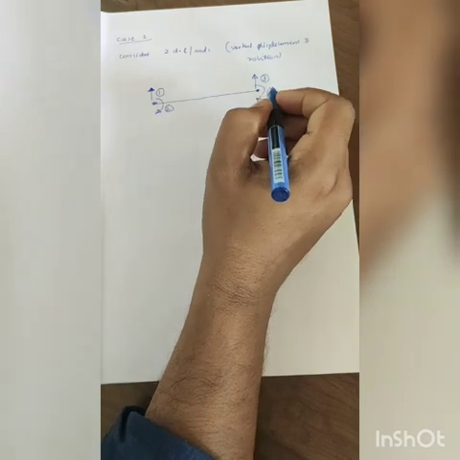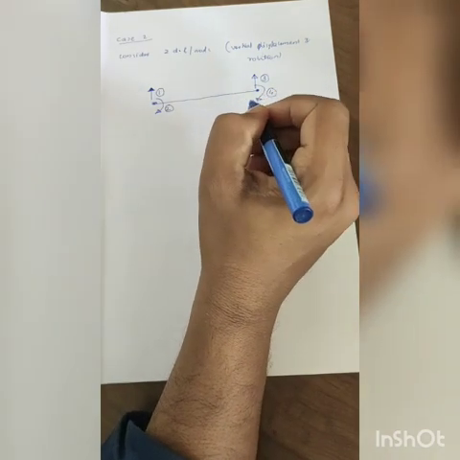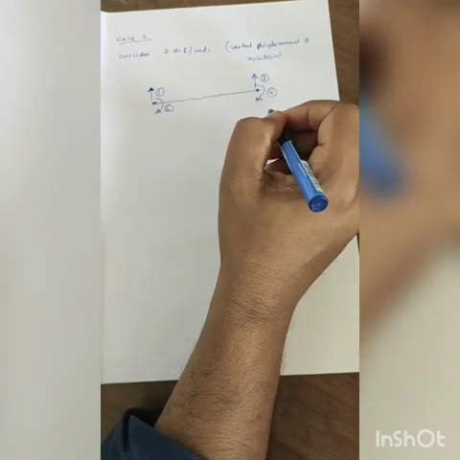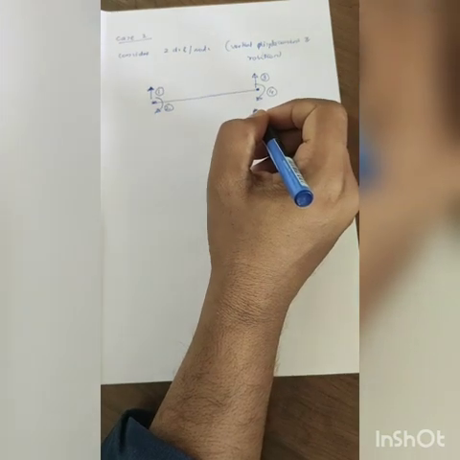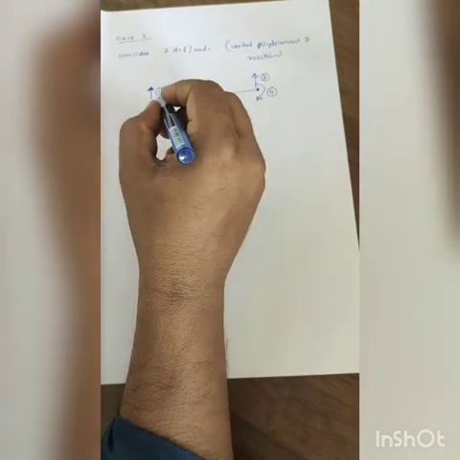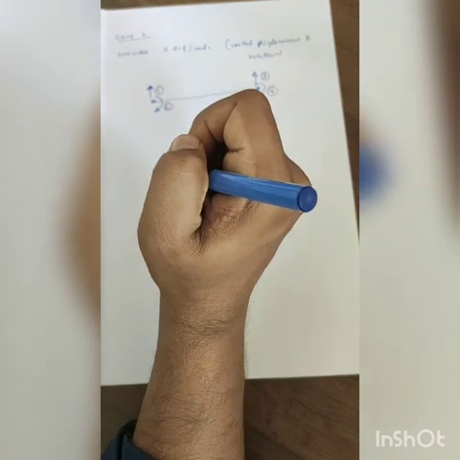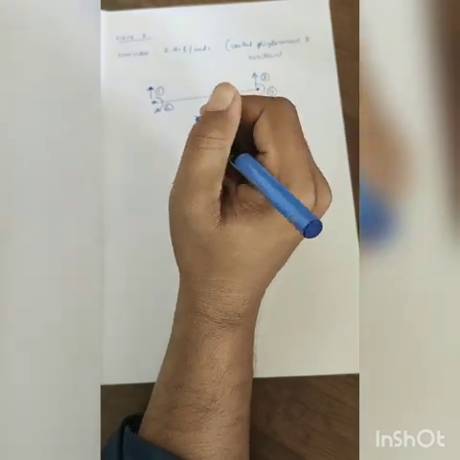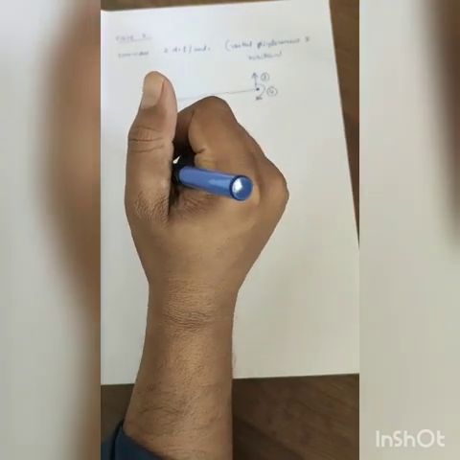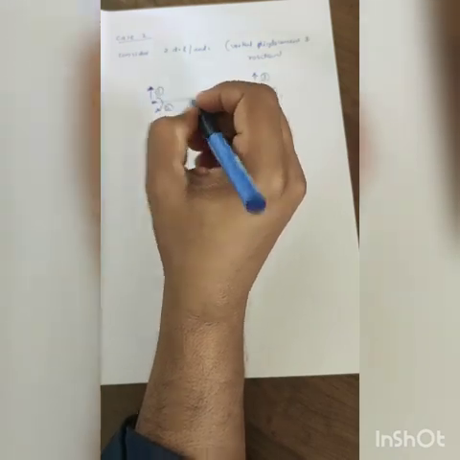Now we have to develop the stiffness matrix. It is going to be a 4x4 matrix, and you have to apply unit displacement and rotation in each situation to form your stiffness matrix.